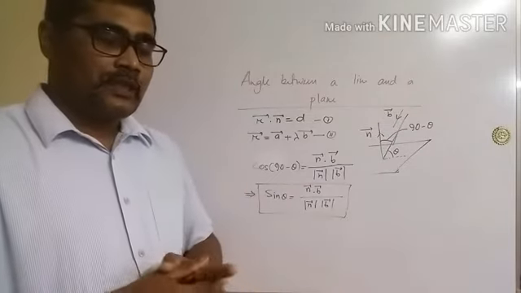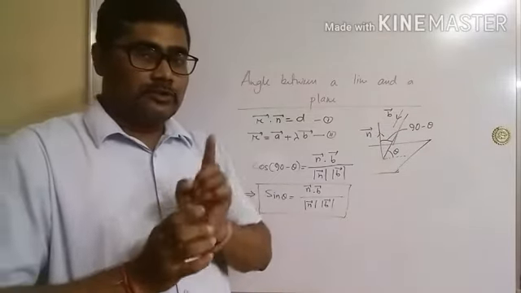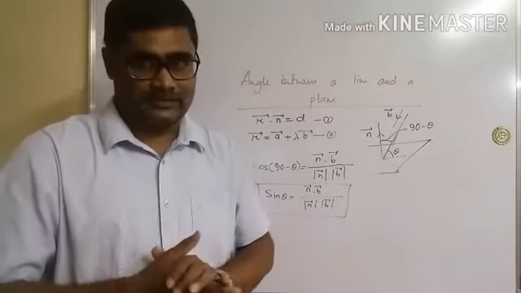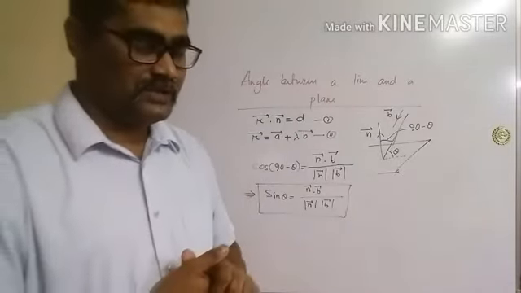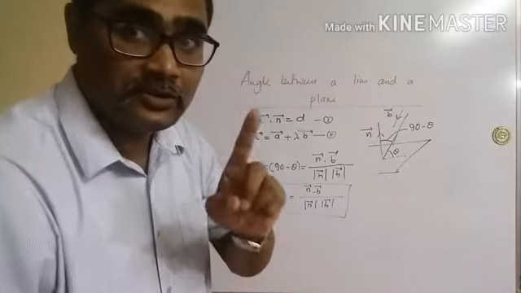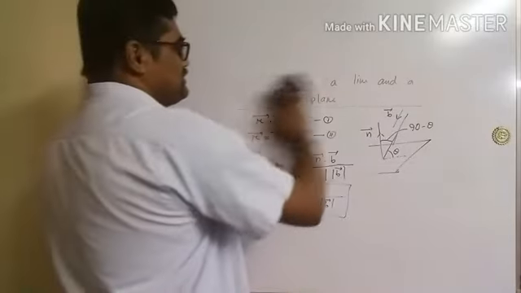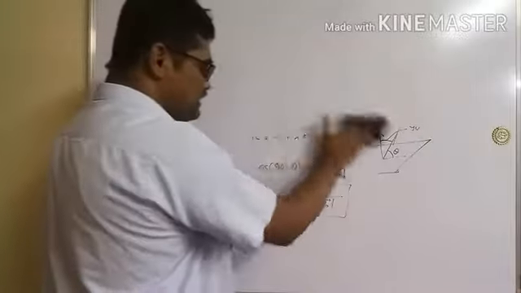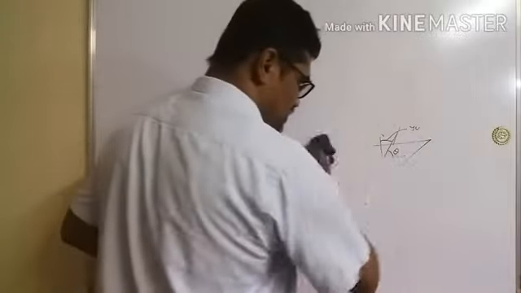But this is very important to note, because there is confusion. It is about the coplanarity of two lines. Remember it. I am going to explain why and where the confusion comes.